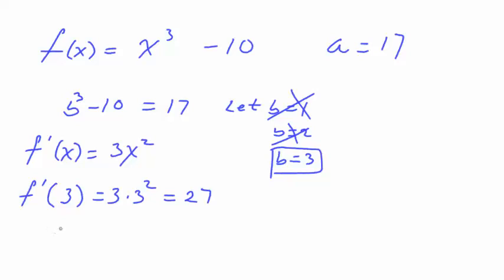Now I'm going to write this: the derivative of f inverse at a, and a was 17, is equal to 1 over 27. So these are the procedures you need to follow to find that.